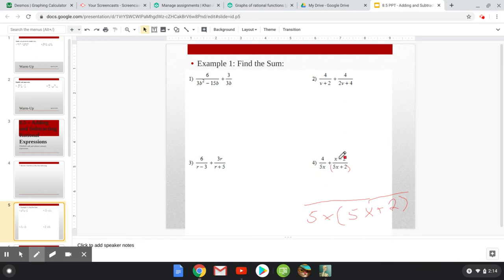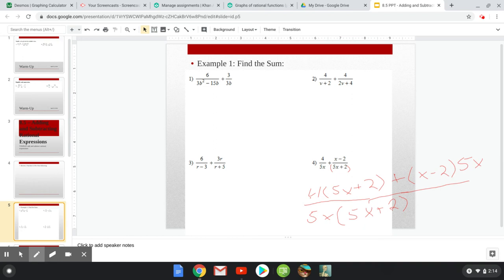So we're going to multiply this side by 5x, and we're going to multiply this numerator by 5x plus 2. So we're going to have 4 times 5x plus 2 plus x minus 2 times 5x. Okay, so that's our numerator.